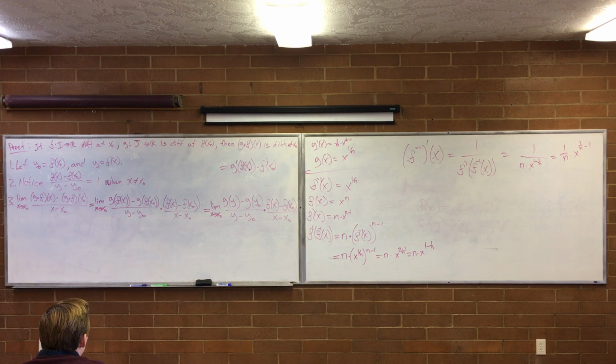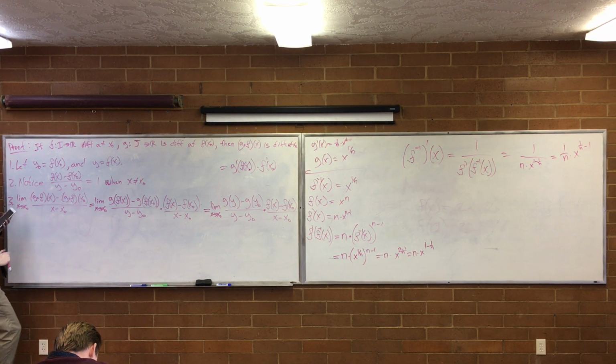Why did you get your x minus x naught in all these? It starts out right here. The y minus y naught comes from the fact that I multiply top and bottom by y minus y naught, or 1.